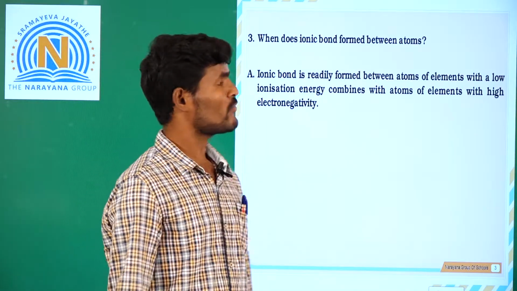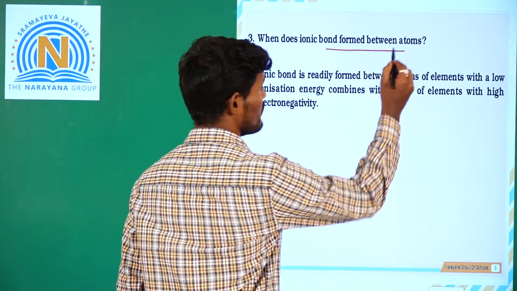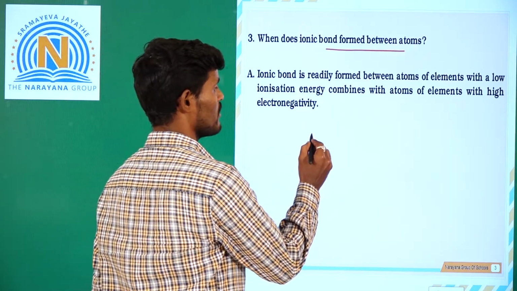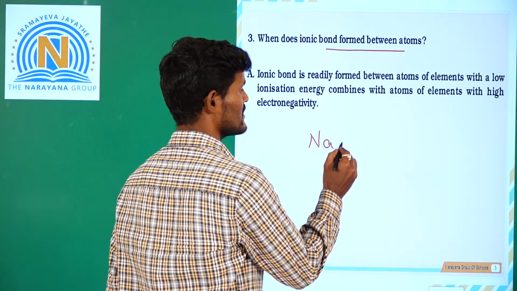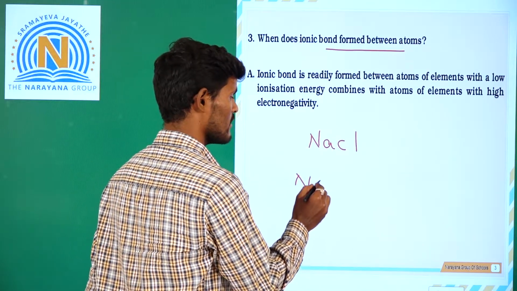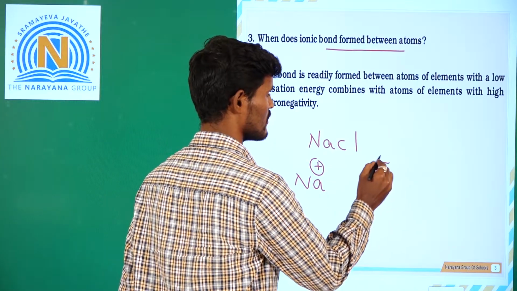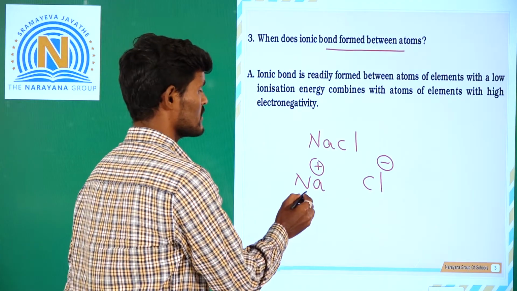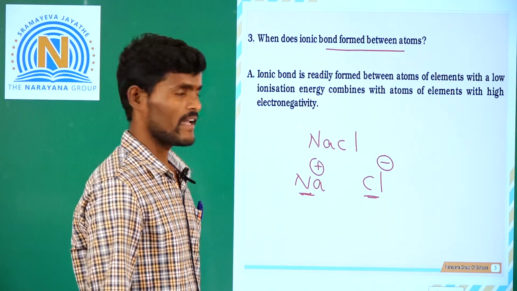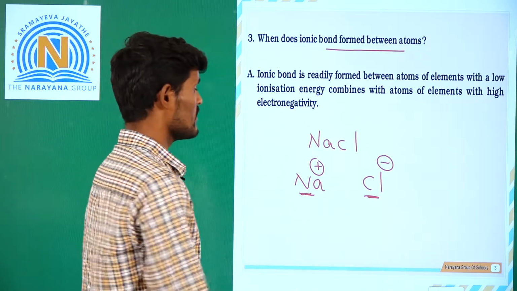When is an ionic bond formed between atoms? By taking one example, we can understand about ionic bond formed between two atoms. For example, sodium chloride, it is an ionic compound: Na plus and Cl minus. See here, sodium is a cation, chlorine minus is an anion.